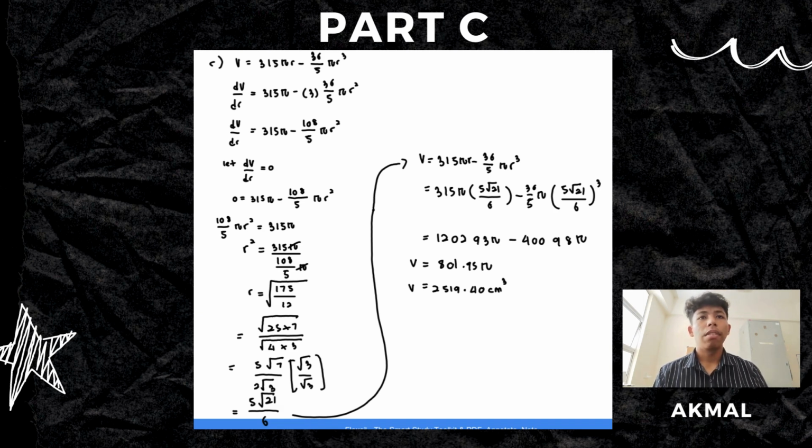And then after we subtract both, we get 801.93 pi. And then we will change pi to its value, that is 3.142, and multiply by 801.95, and the last answer we get is V equals 2,519.40 centimeters squared. So that is the last answer for question C.